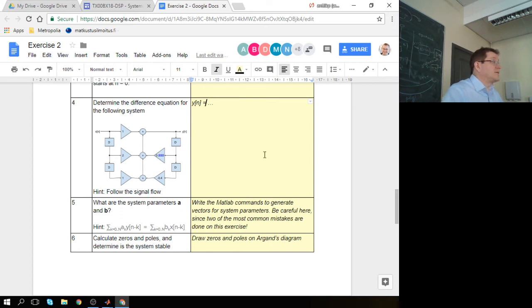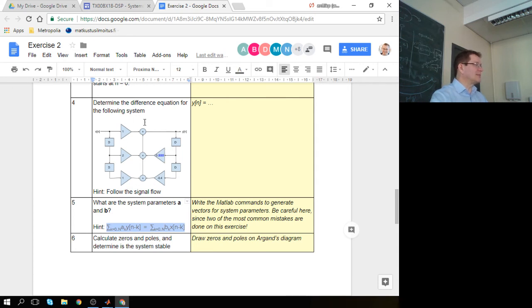When you have the difference equation, then you calculate what are the system coefficients, A and B, without making the most common mistake, hopefully. Another place to go wrong here is to have this A and B switched, which is, well, you are inverting the transfer function.